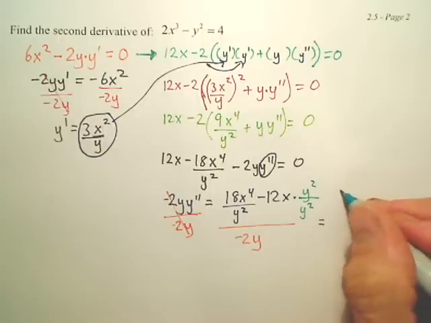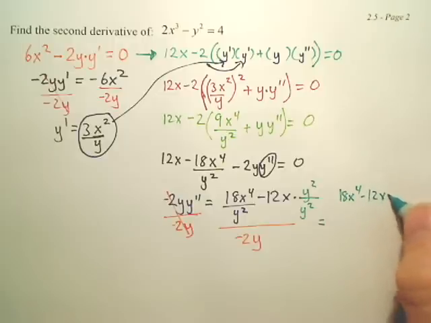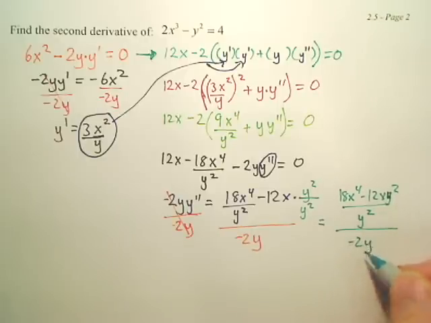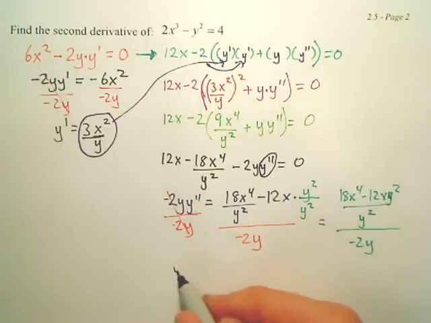Looks like we're going to get 18y to the 4th minus 12xy squared over y squared, all over negative 2y. And when I divide a fraction by something, does this go to the top or bottom? Bottom. You have to understand this goes to the bottom.